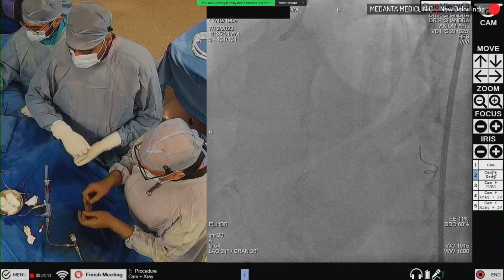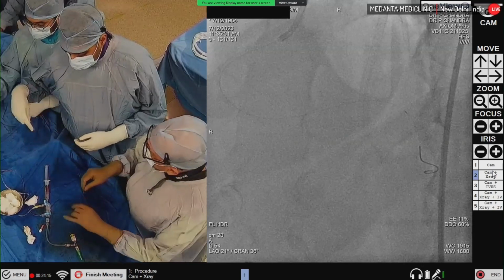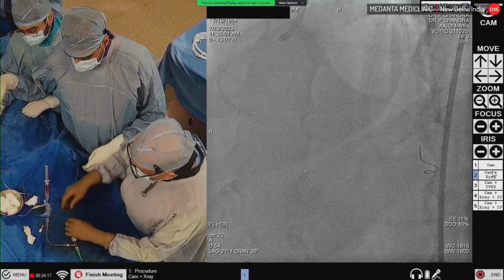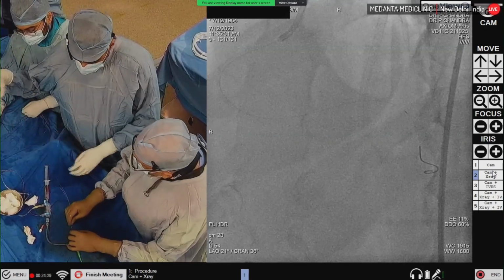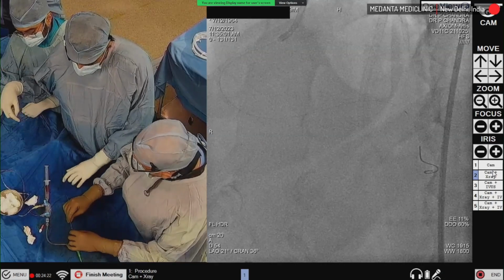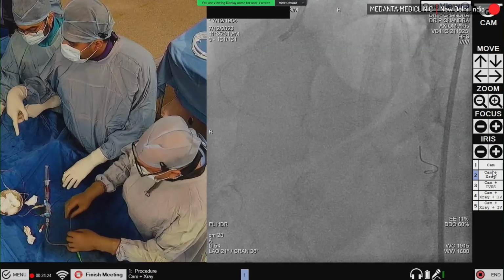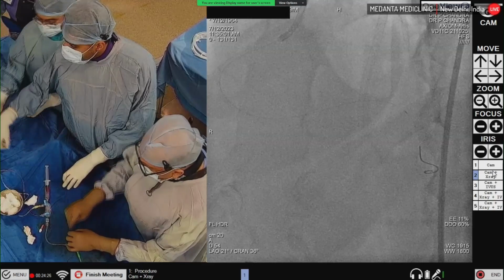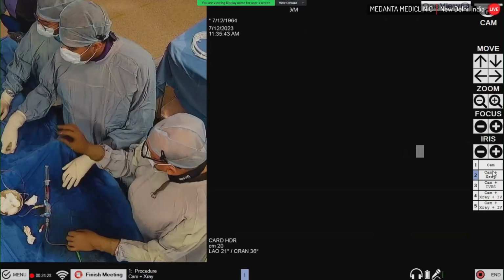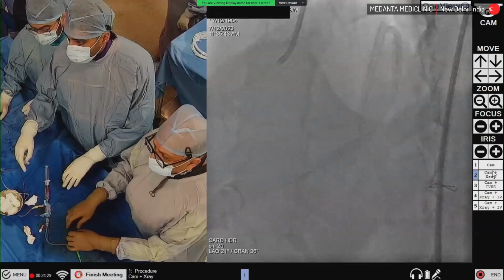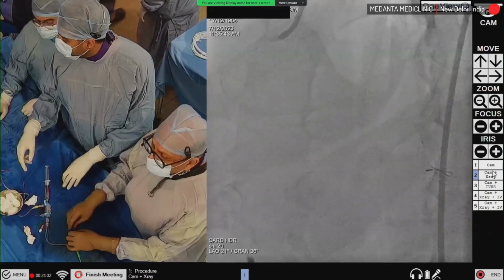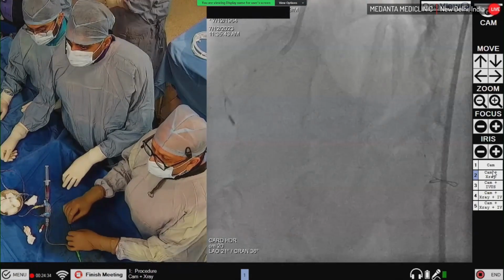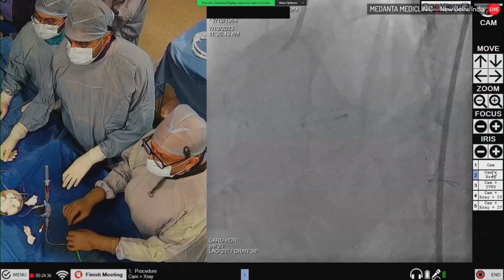Okay. So now there's again the same IVUS on the SyncVision. So this is the new SyncVision from Volcano, which we are using today. And see how the catheter moves now.